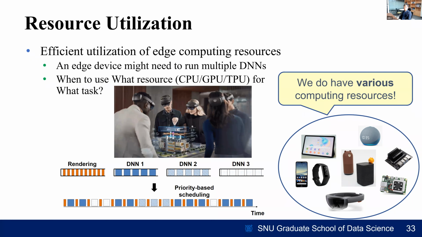And these days, the tasks that should be run at the edge devices are getting heavier and heavier, so sometimes edge devices should run multiple deep learning models at the same time. So it is very important to decide what kind of resources to use for what task and when. By utilizing these resources efficiently, maybe the latency can be reduced significantly.